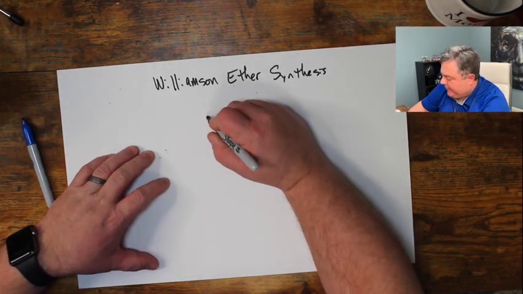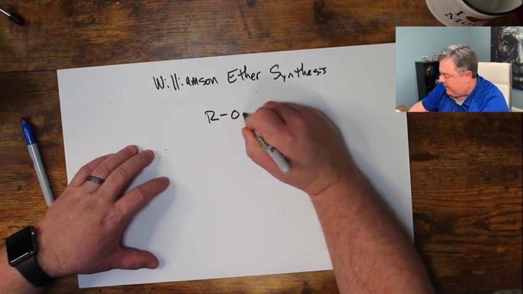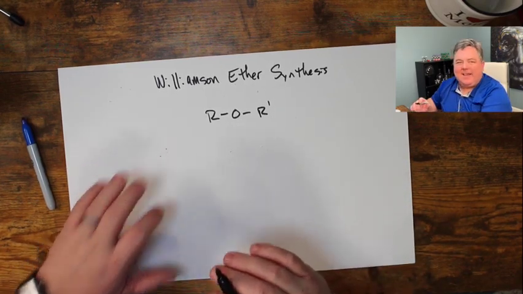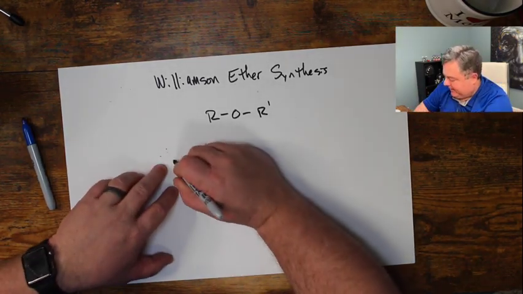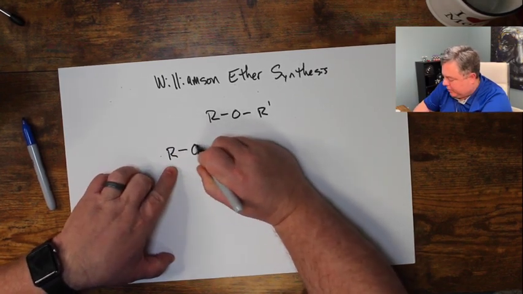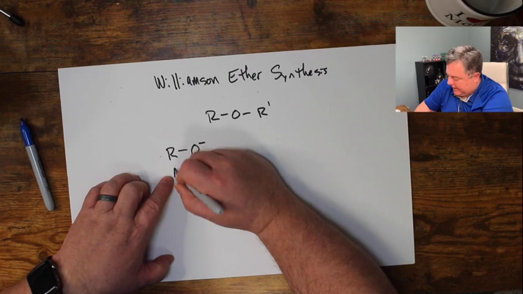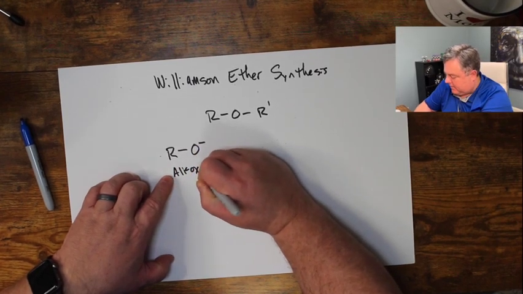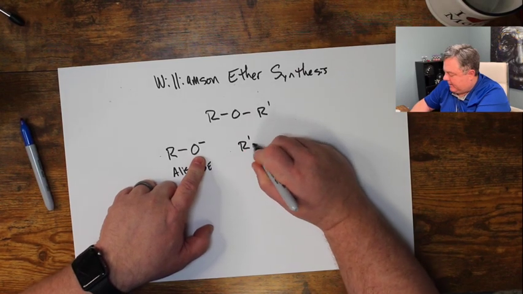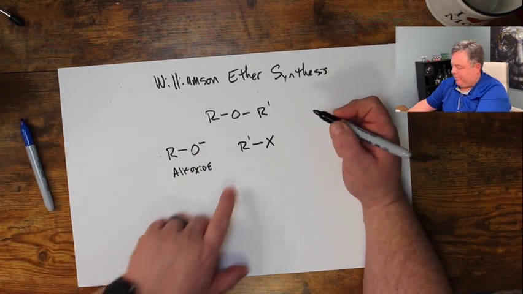In the Williamson ether synthesis, we are making an ether, a carbon-oxygen-carbon. I think one of the best ways to make these is to take a good attacking alkoxide and let it backside attack something with a good leaving group on it.